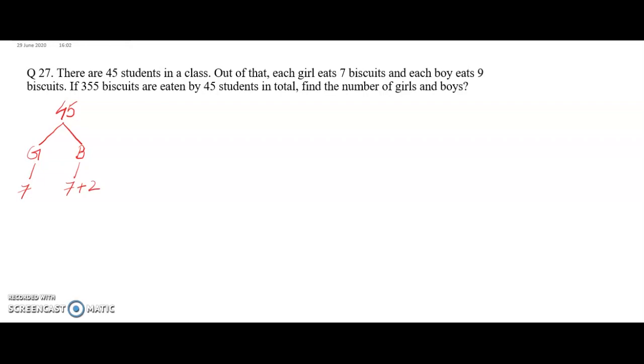Now if 45 students each eat 7 biscuits, how many biscuits will they eat? 45 into 7 will give us 315. So if each boy and each girl eats 7 biscuits, they will finish 315 biscuits.